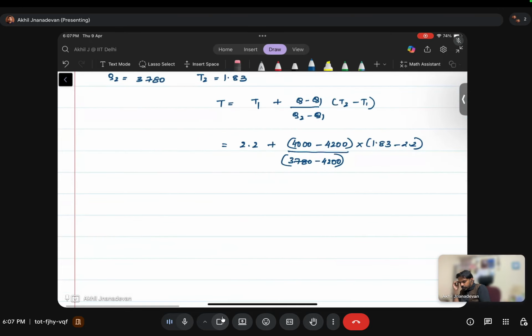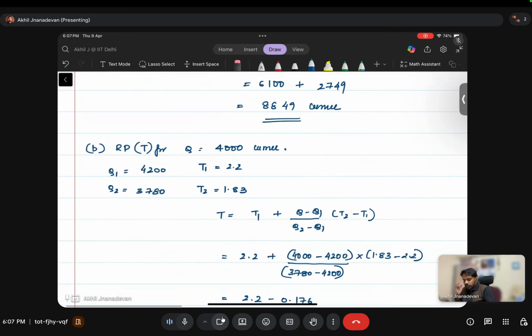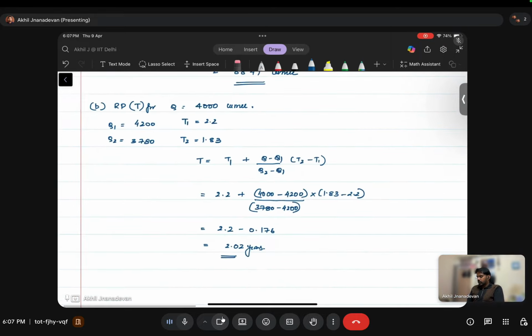So this will be 2.2 minus 0.176, it will be 2.02 years. So that is the return period corresponding to 4000 cubic, right?